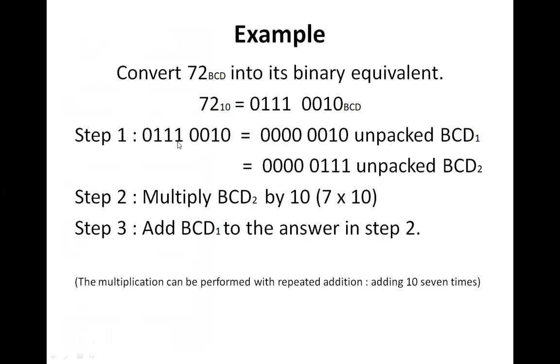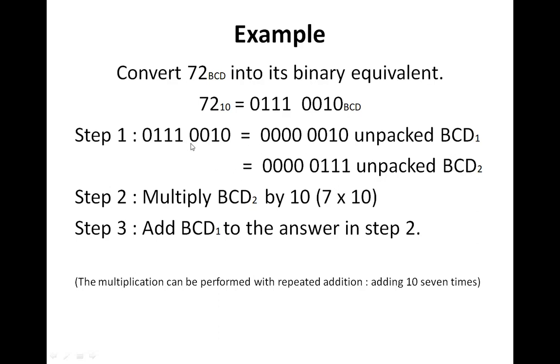We can do this with an AND operation, ANDing with 0000 1111. Then this will become 0 and this will remain as it is, 0010. So first of all we are masking the upper nibble and getting the result.